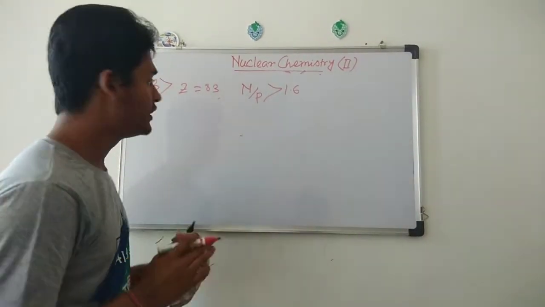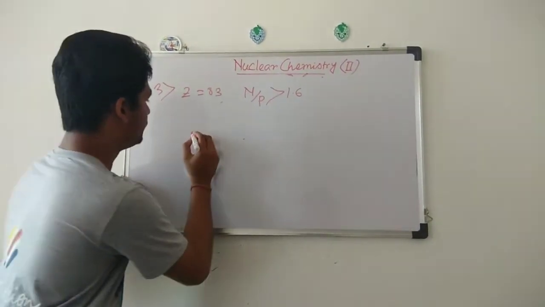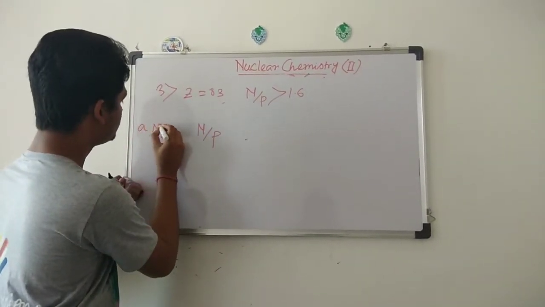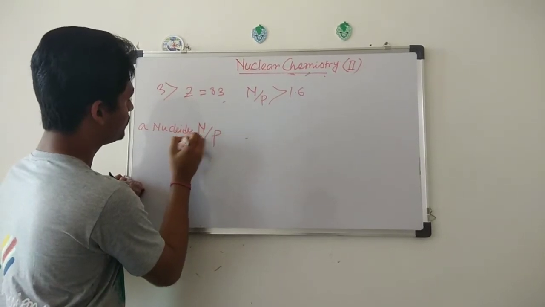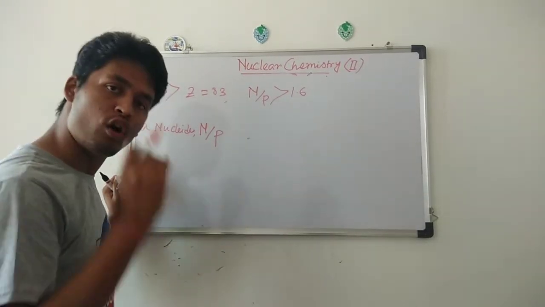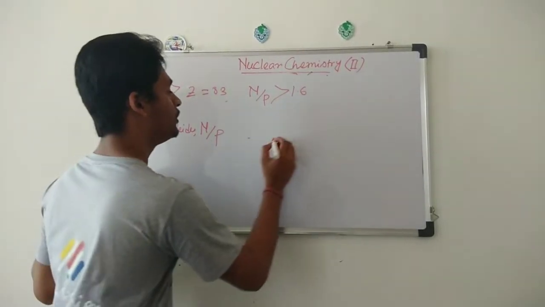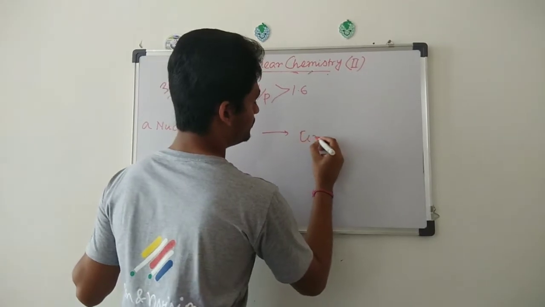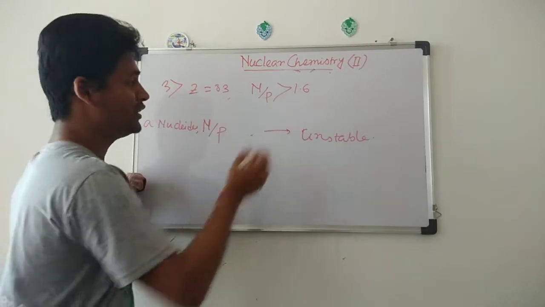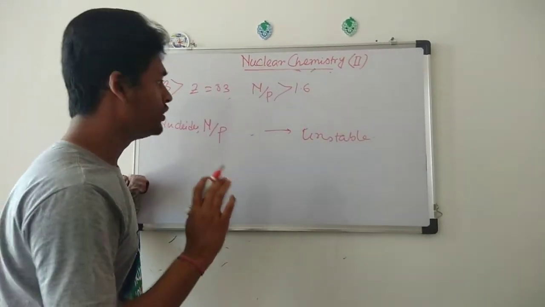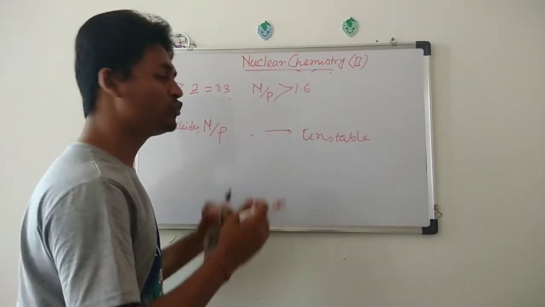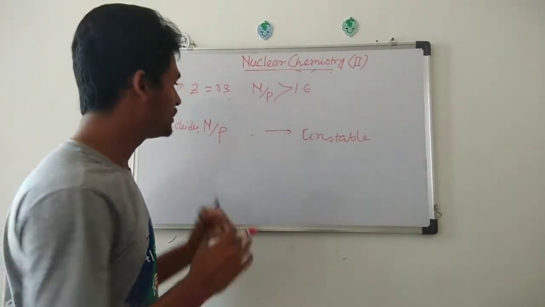Now you need to think that if a nuclide is below or above the N by P ratio range, then it will be unstable. So the nuclide should follow the N by P ratio: 1 up to Z equals 20, and 1.1 to 1.6 up to 83.